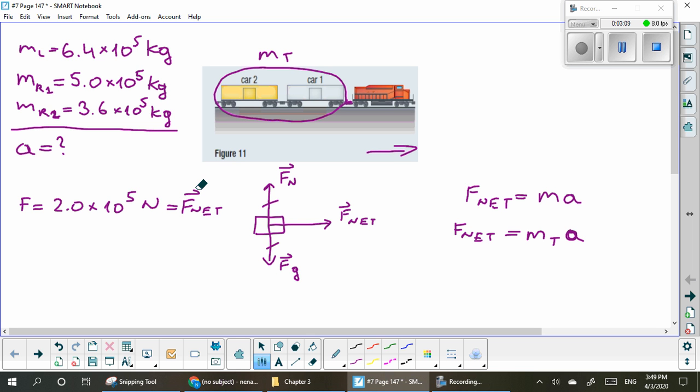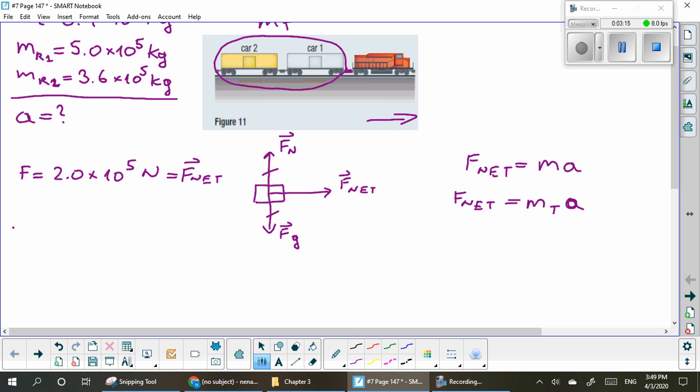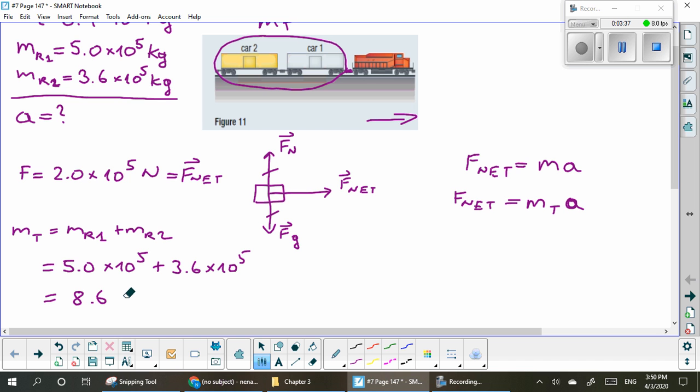And so the first thing we should probably do is find the total mass, which would be the mass of railway car 1 plus mass of railway car 2, which is 5.0 times 10 to the power of 5 plus 3.6 times 10 to the power of 5, which turns out to be 8.6 times 10 to the power of 5 kilograms. And we are going to use this mass over here.